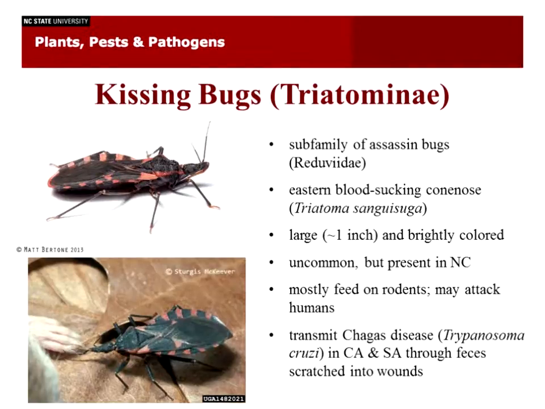Another bug, a true bug, hemipteran, are a group of bugs, kissing bugs. A delightful name for a pretty horrid bug. They're called kissing bugs because oftentimes, especially down in the tropics, they will come onto people when they're sleeping, and feed near the lips because it's a very soft area, very easy to access.